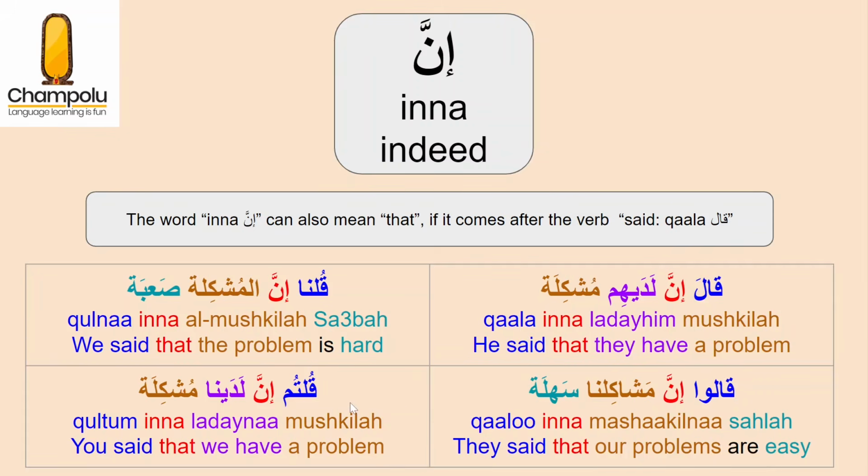And then we have something like قلتم إن لدينا مشكلة. You said that we have a problem. So here you find a few examples, all coming after the verb say or قال, showing that we use inna after it.